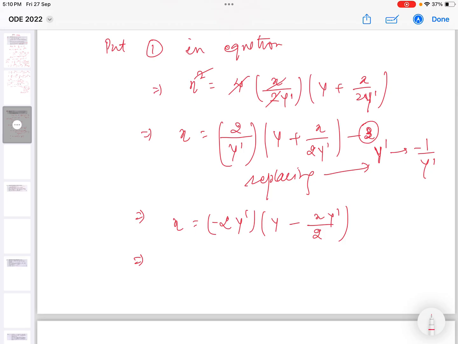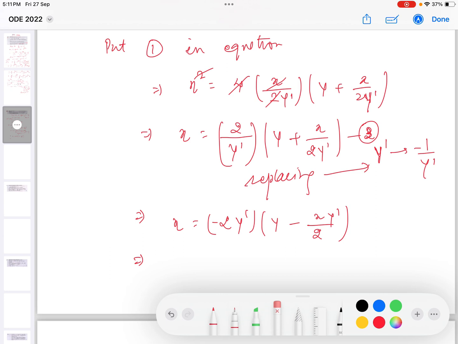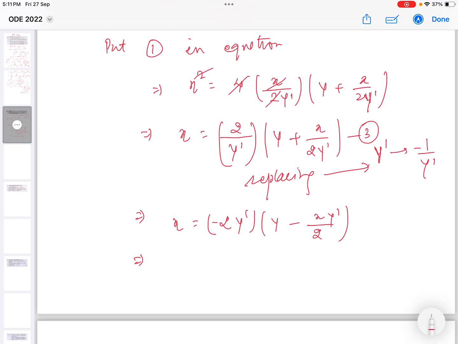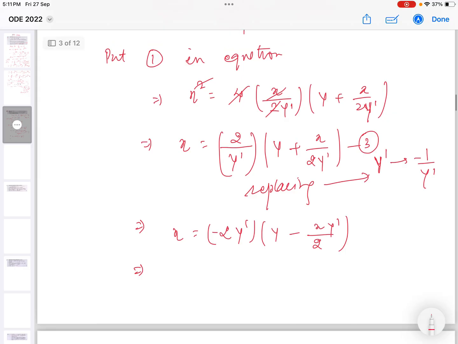So what we can do, we will try to match 3 by making this. I think it's fine. So yeah, x is equal to minus 2y, minus 2y y dash plus x y dash whole square.